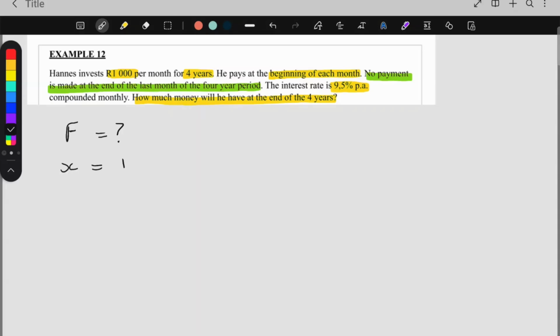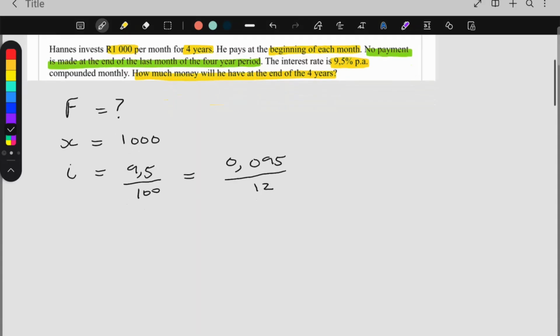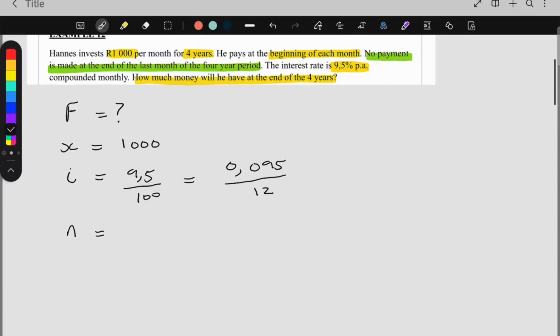X is 1,000 rand because that's how much she puts away each month. Interest is 9,5 over 100, which gives me 0,095 compounded monthly. And then N is the number of payments. Let's quickly work out the number of payments.